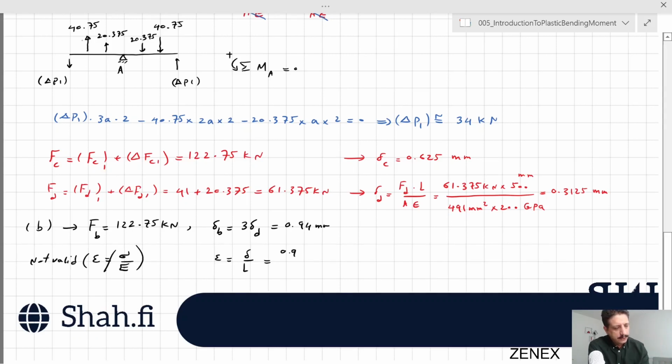So 0.94 millimeter divided by 500 millimeter. It's 0.00188. And we can see that epsilon y was 0.00125. So this is greater than. And also here, this is greater than delta y, which was 0.625 millimeter.